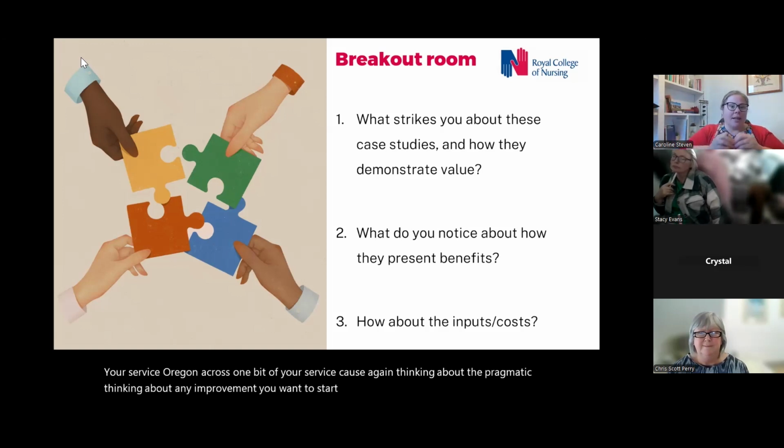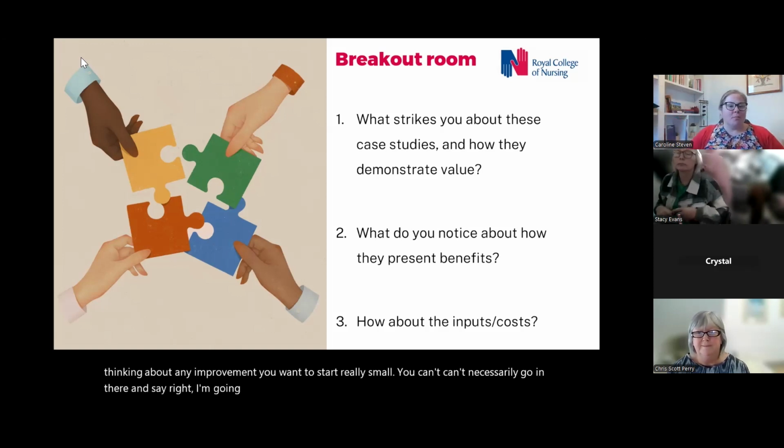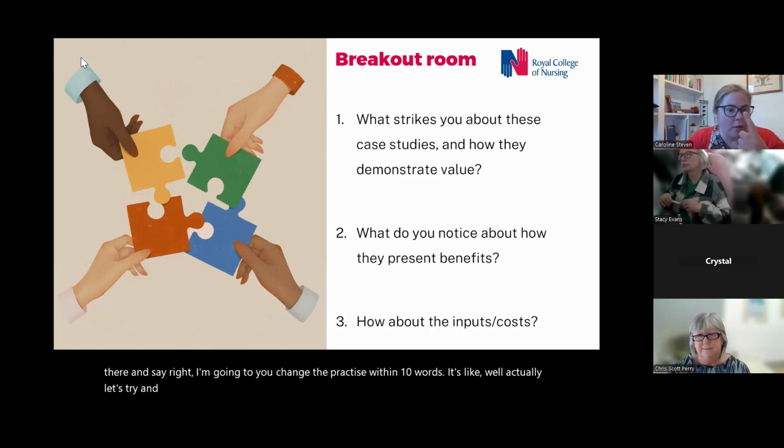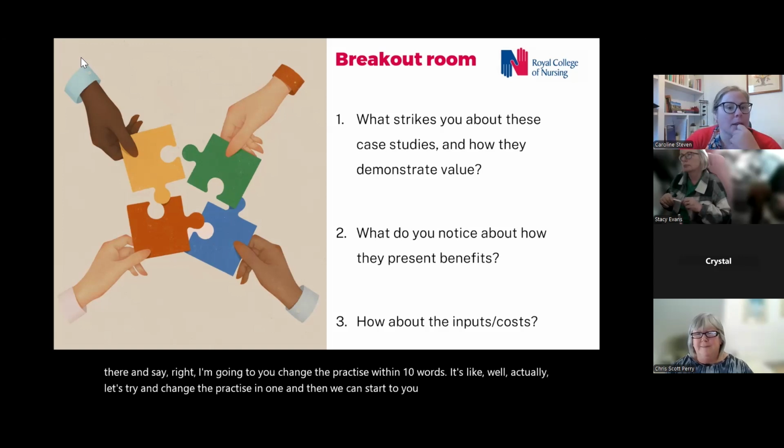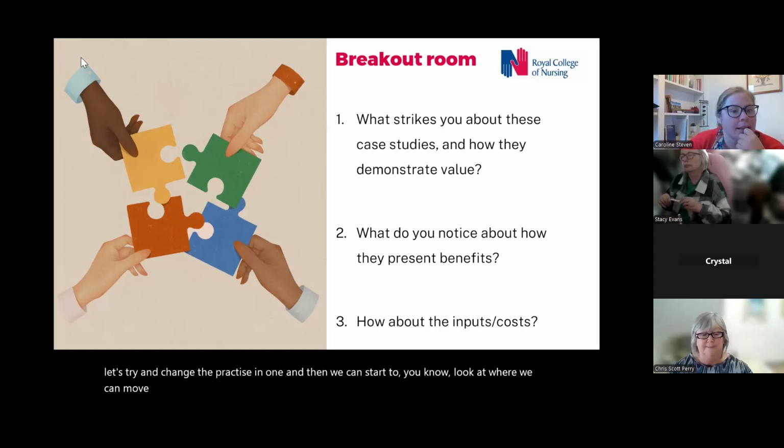You can't go in and say I'm going to change the practice within 10 wards. Let's try and change the practice in 1 and then look at where we can move that onto the next areas.